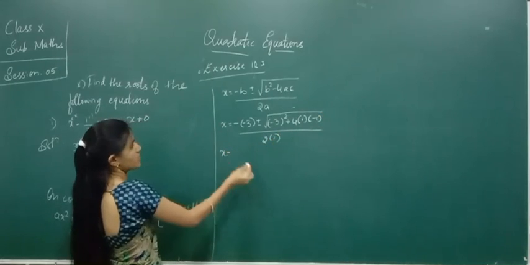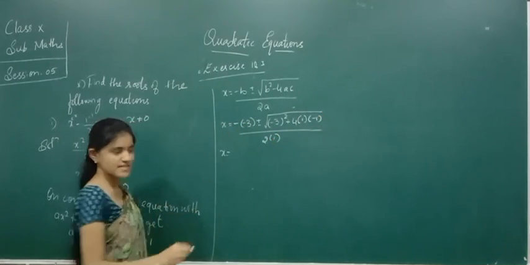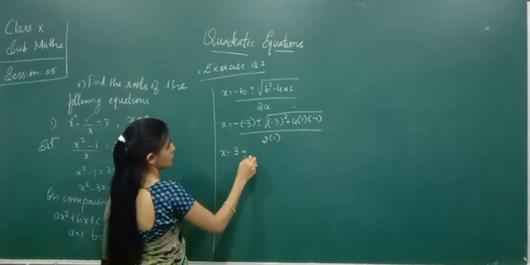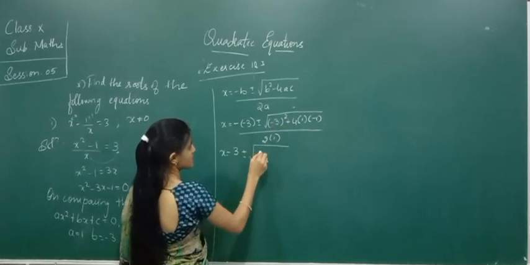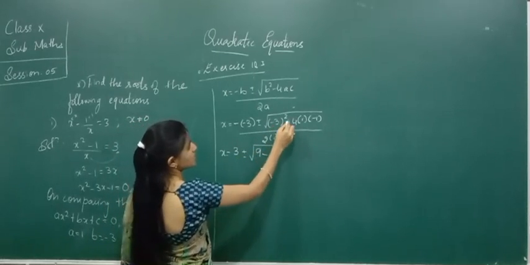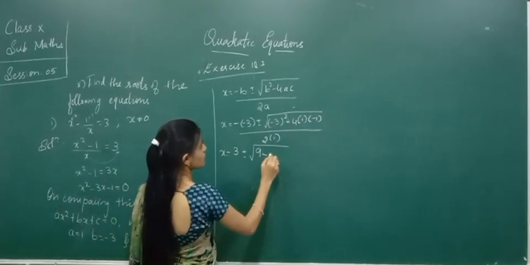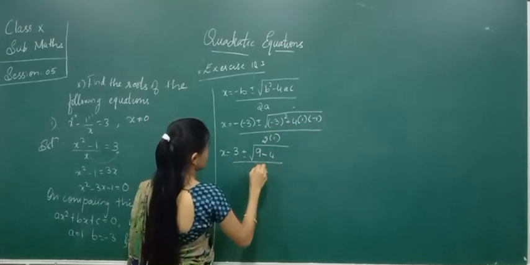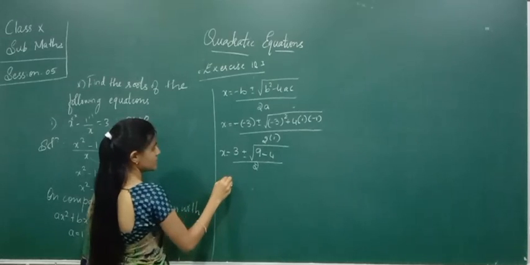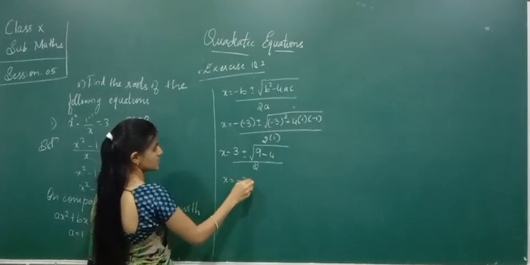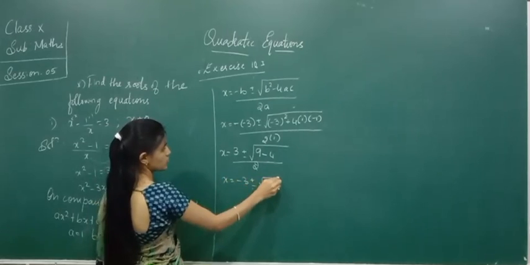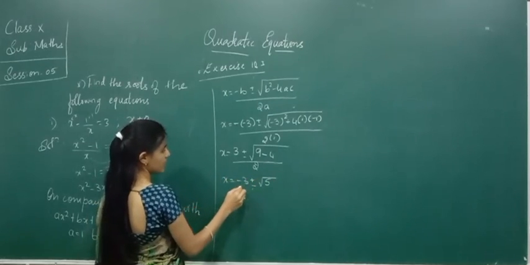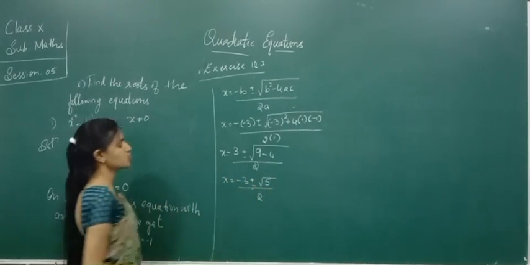The next will be what? Minus into minus is of course plus. 3 plus or minus root of 3 square is 9 minus, plus into minus is minus, 4 ones are 4, divided by 2. Then x will be what? Minus 3 plus or minus root of 9 minus 4 is 5 divided by 2.